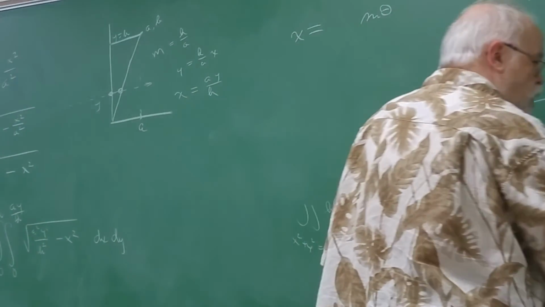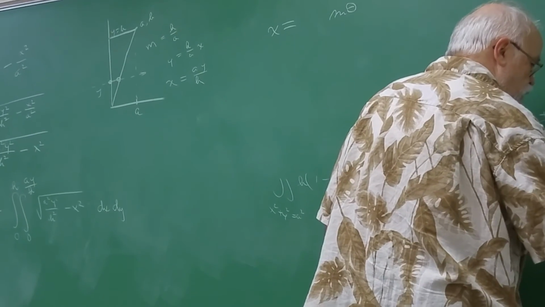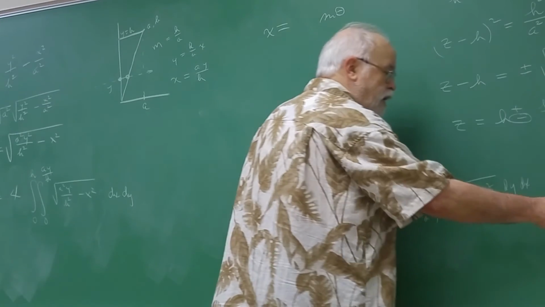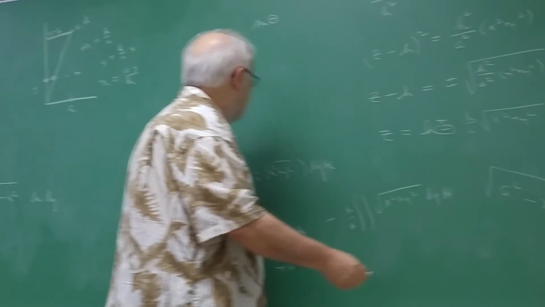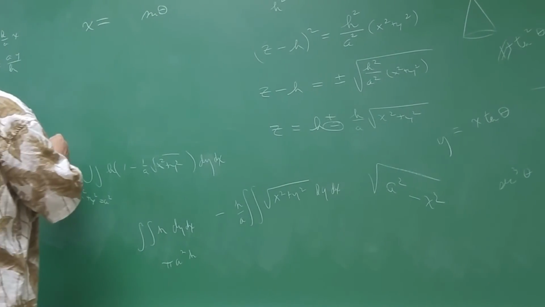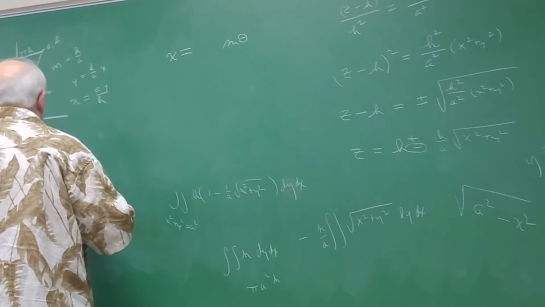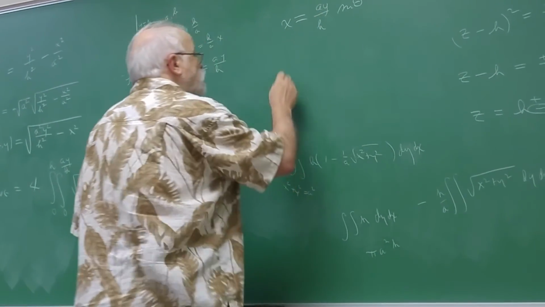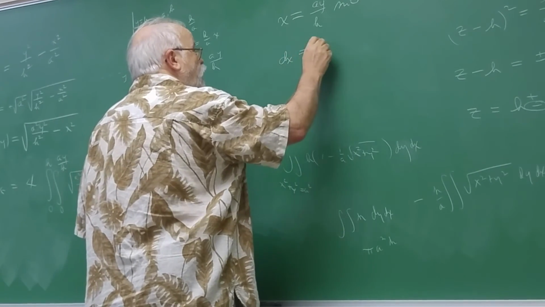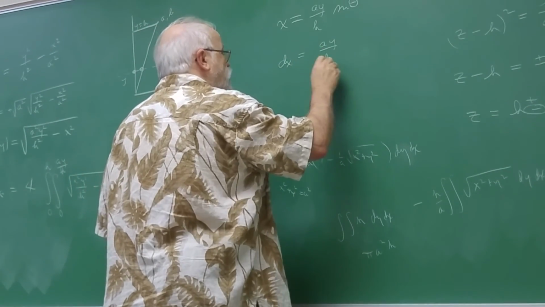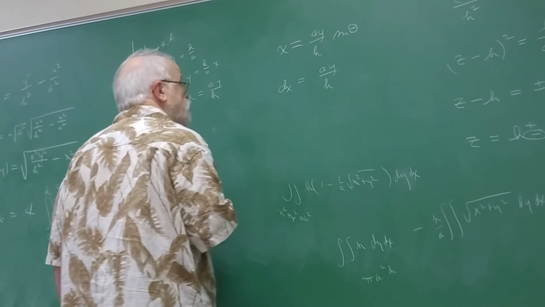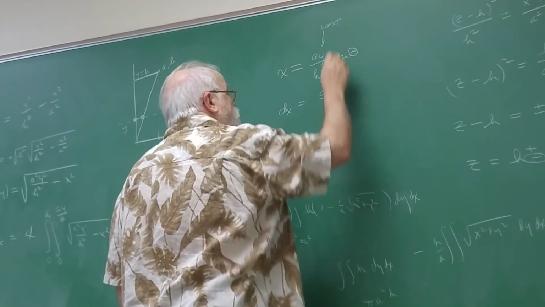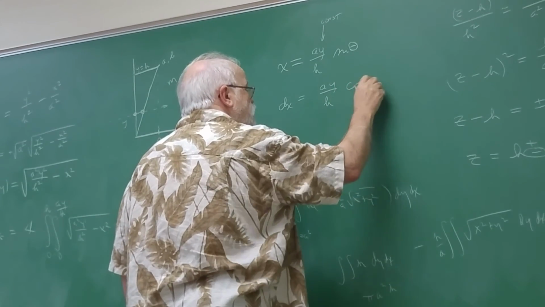So when I'm doing the square root of a squared minus x squared, then it would be a times the sine. Well, this would be ay over h times the sine. So differential ay over h, and again, the y is being held constant. So I get ay over h cosine theta d theta.